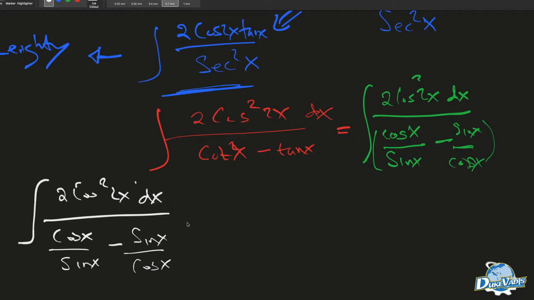Alright, so this is the integral, but if we do a deeper observation, why don't we multiply this by 1? Because you and I know that if we multiply the denominator by a certain value, we have to do the same to the numerator and vice versa.